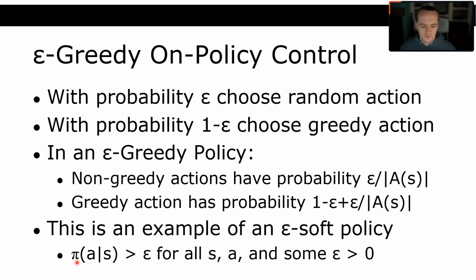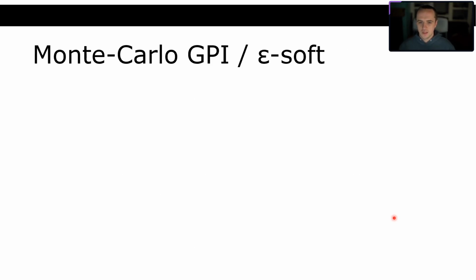So this means the probability of choosing A given a state S is greater than or equal to epsilon over the number of actions, for all states and actions, and some epsilon greater than 0. So that's just another definition. And we'll show all this in algorithmic form, and to me it makes more sense in algorithmic form. So we'll see that in a few slides.